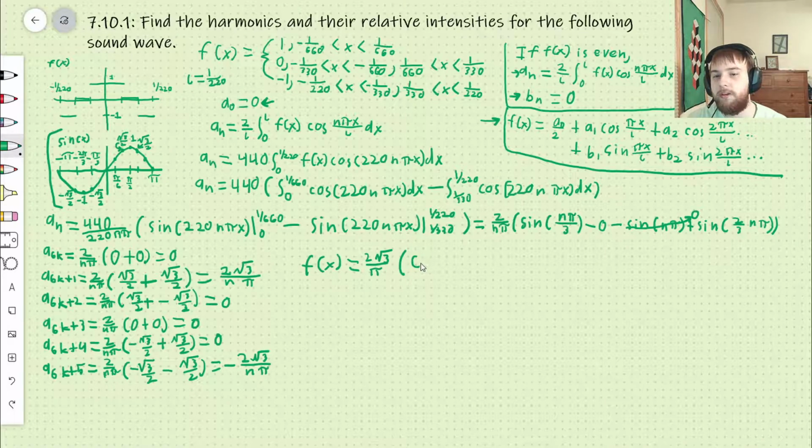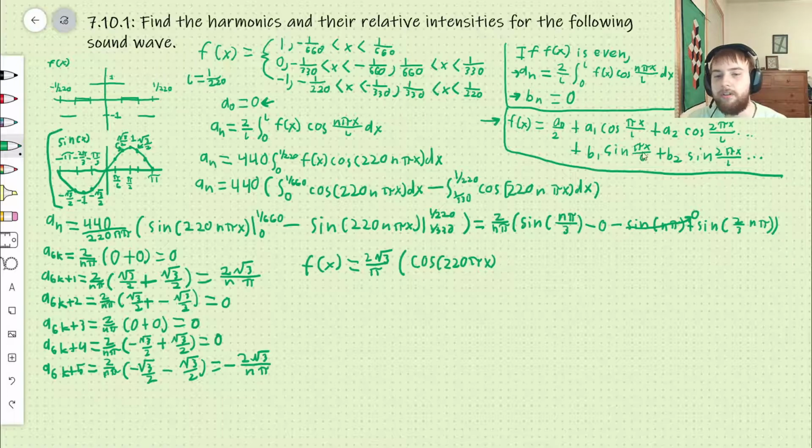So we don't even care about that. So cosine of, and remember, this L is 1 over 220. So when we take 1 over L, we actually multiply by 220 pi x. We are finally getting somewhere.